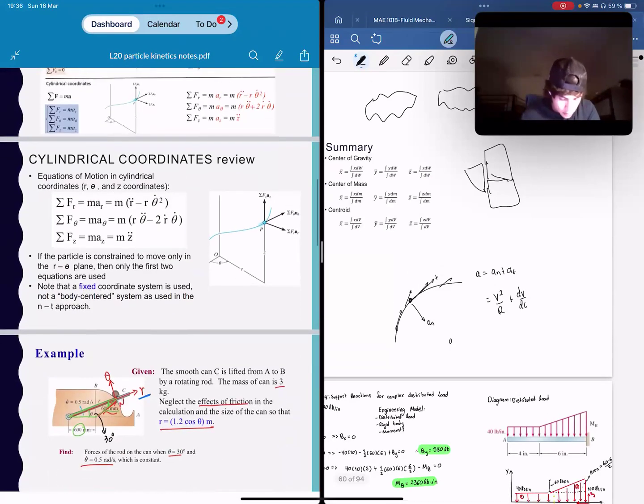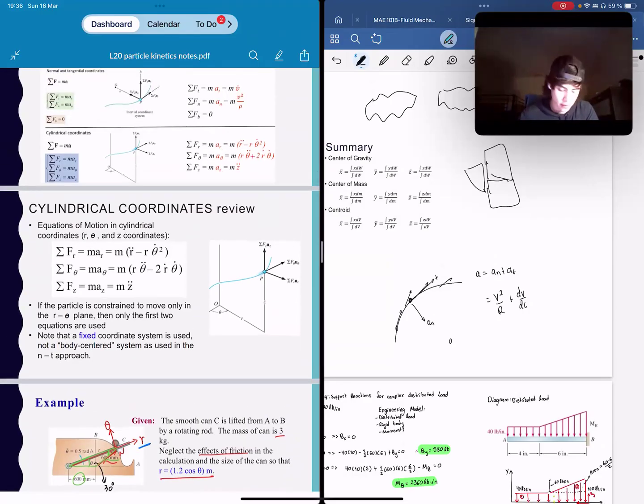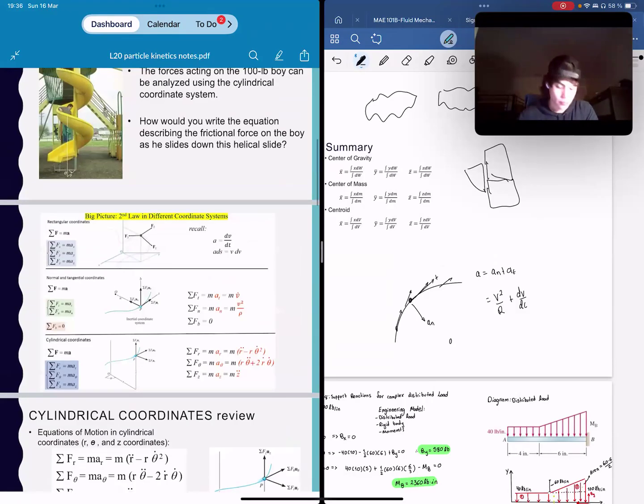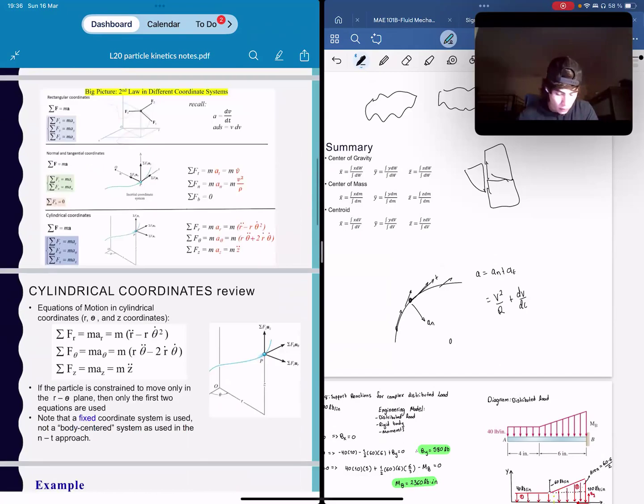For particle kinetics, we didn't derive it either, but we were presented with equations that describe the radial acceleration and the angular acceleration of cylindrical coordinates.